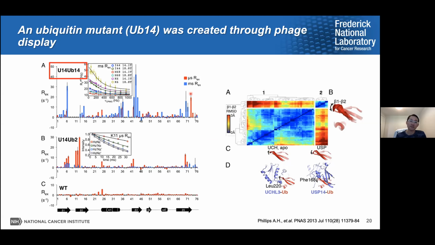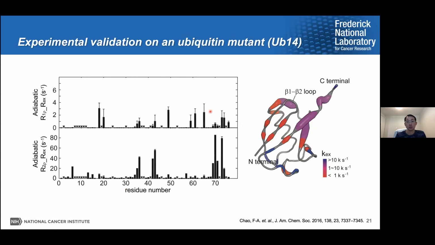So they ran a conventional CPMG and R1rho experiment, and they actually saw a huge exchange term in the middle of the primary sequence and at the end of the primary sequence too. So we ran our adiabatic relaxation dispersion too, and we also see the same thing.